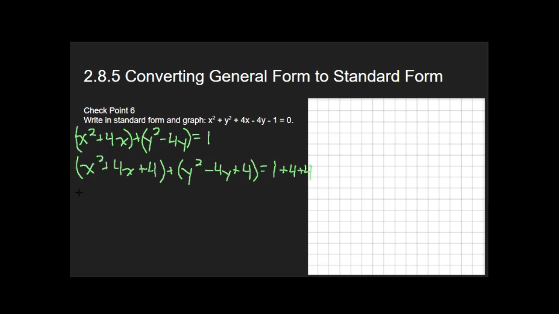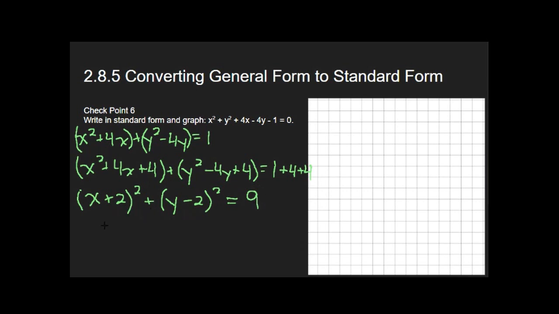Now I'm going to factor these out because they are perfect squares. We know they will factor out if we have done them correctly. X, take half of b, plus 2 squared. Y, and half of b is -2 squared, is equal to 1 plus 4 plus 4 is 9.